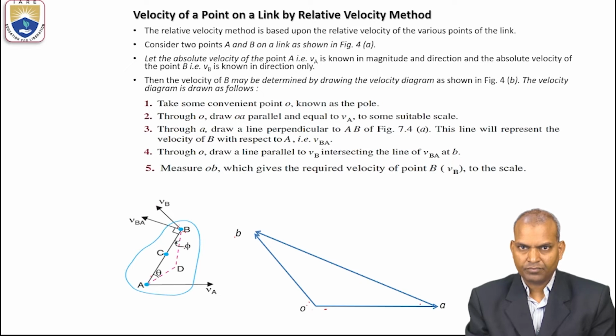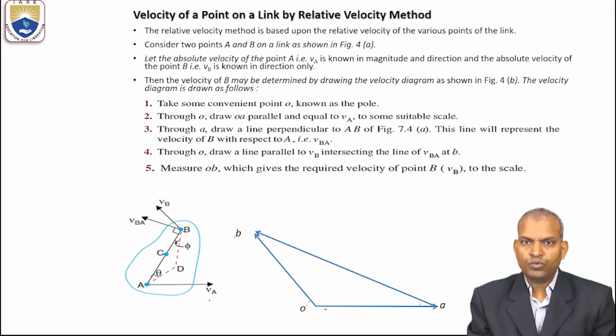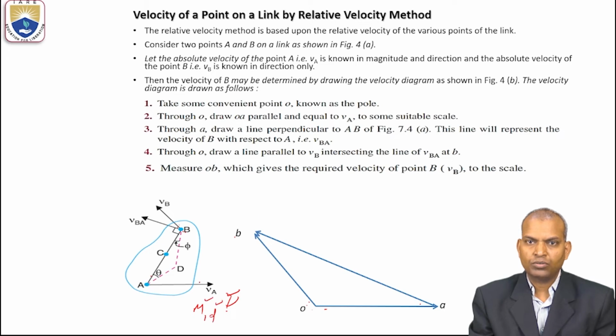The data was given here. Velocity of A, we know both magnitude and direction. Velocity of B, point B, we know only direction, no magnitude.